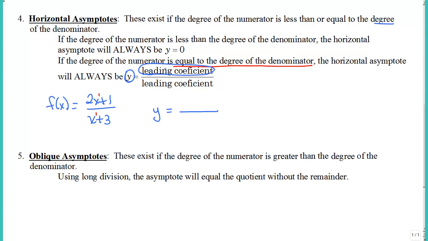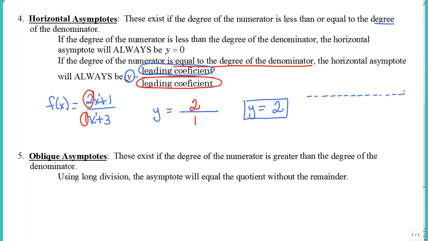Now the leading coefficient means the number in front of the x with the highest power, so that would be 2, divided by the leading coefficient of the denominator, and again that would be the number in front of the x with the largest degree, which would be 1. And so our horizontal asymptote is y equals 2, and again we would represent that as a dashed horizontal line.